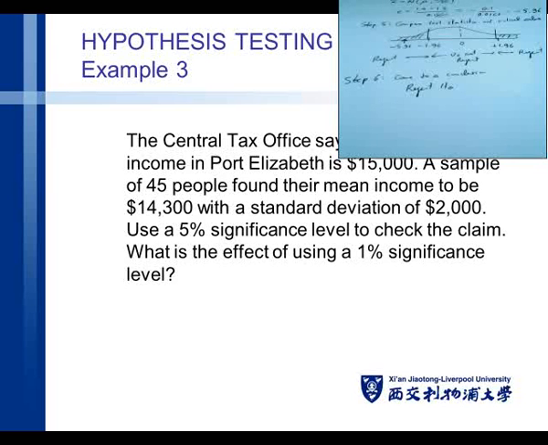The sample size is 45. So this is the information from here. And we want to check if this sample is consistent with a population with an average income of 15,000, at the 5% and 1% significance level.